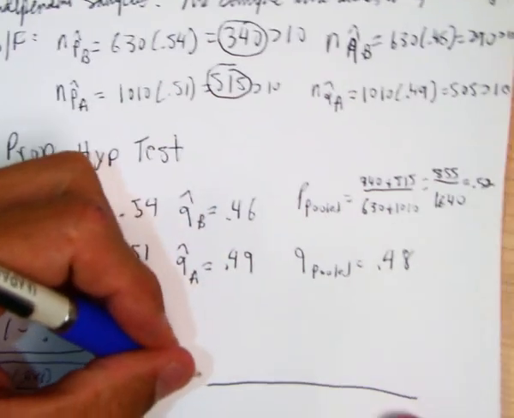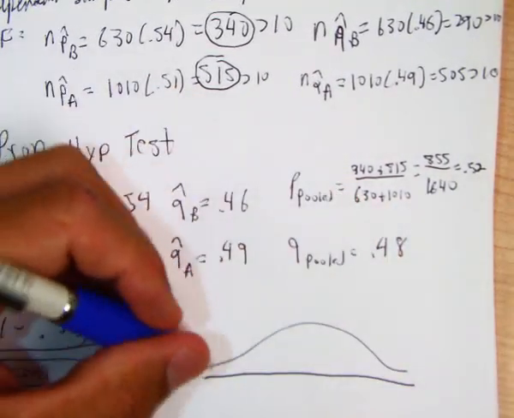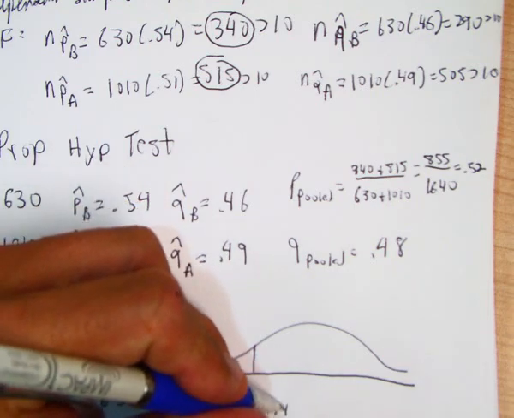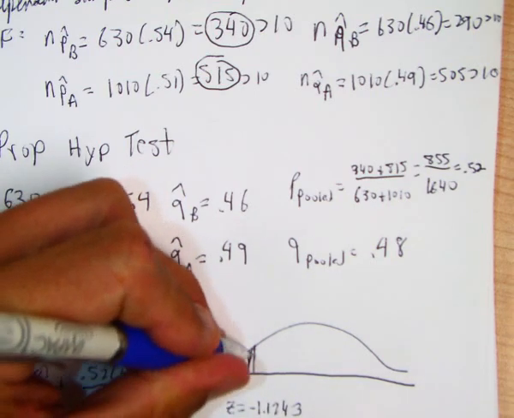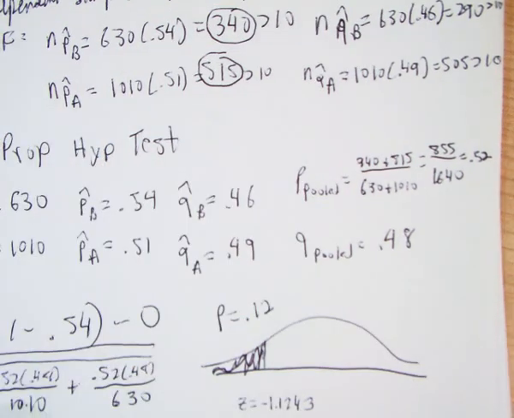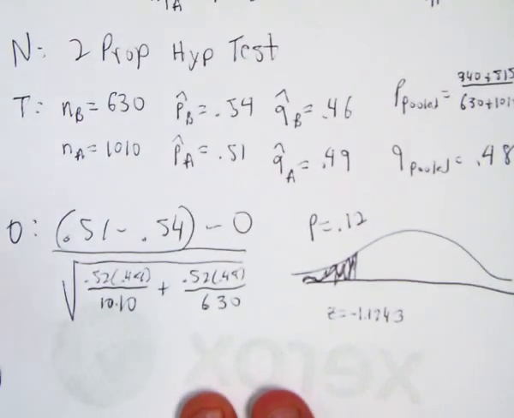So you get a z-score of negative 1.1743. Shade that in, and we get a big p-value of 0.12. Okay, and make a decision.